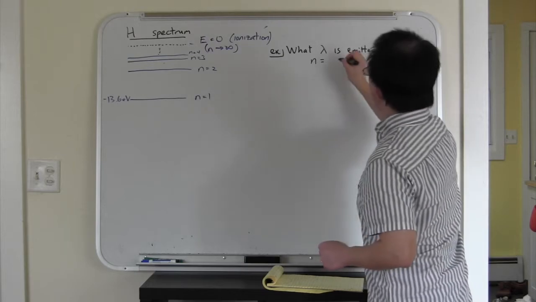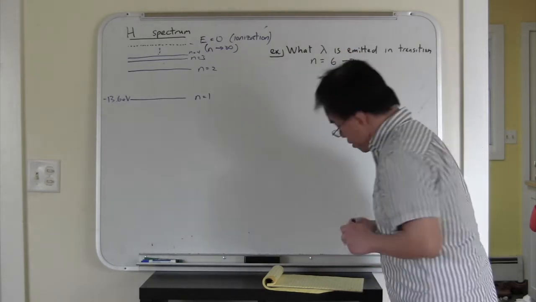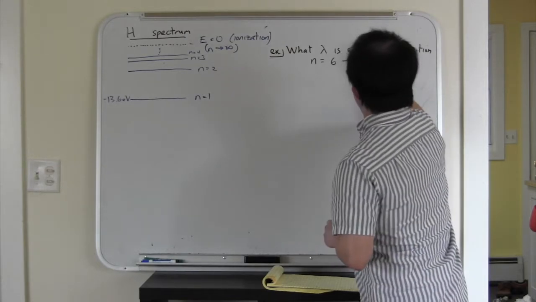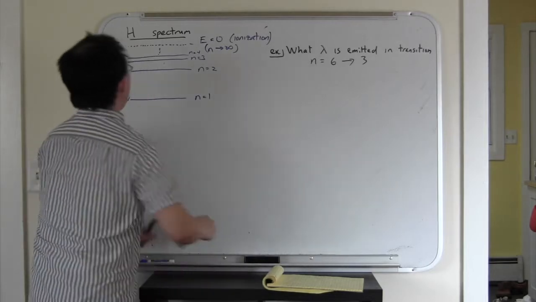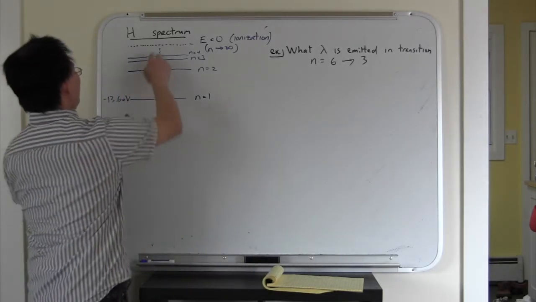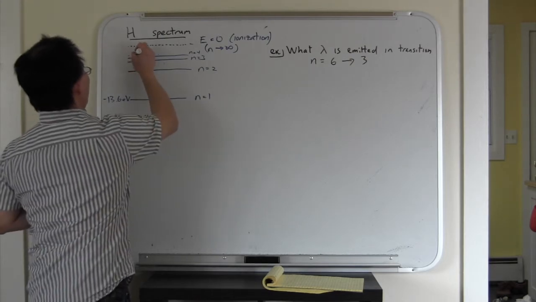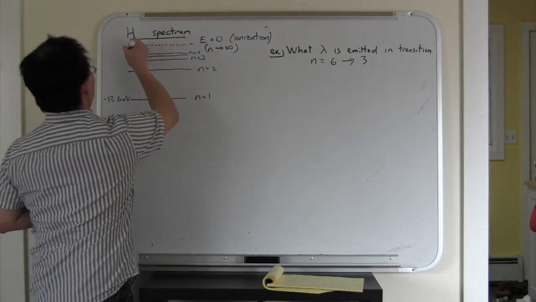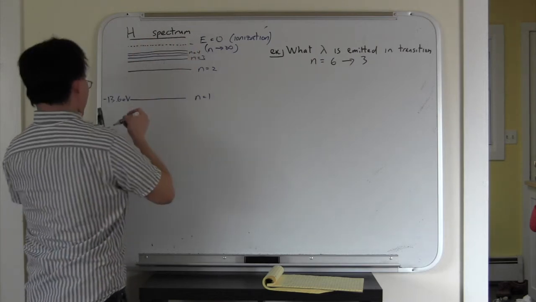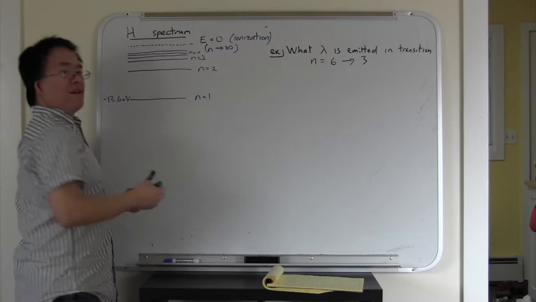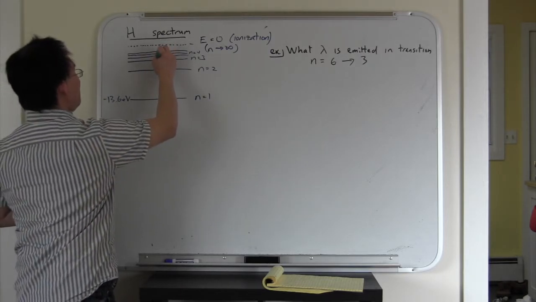We'll do n equals 6 to n equals 3. Okay, so let's draw that here. Actually, let me see if I can do a couple more lines: 4, 5, and something like that. So going from 6 to 3 is going to look something like this.